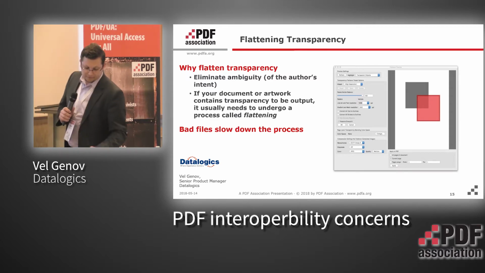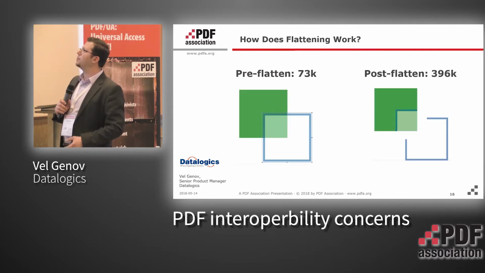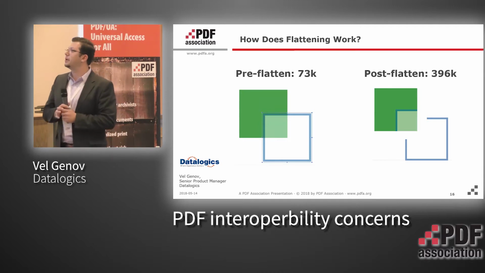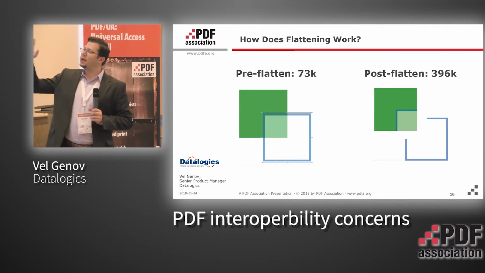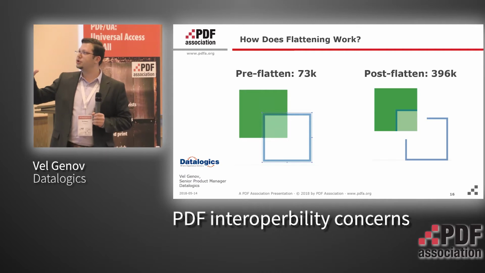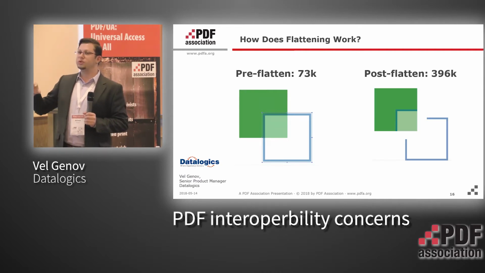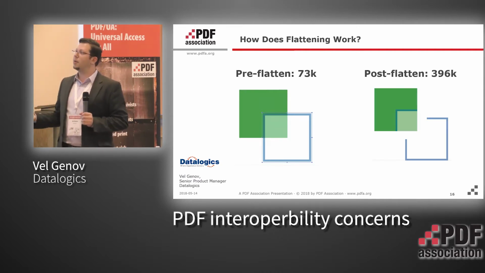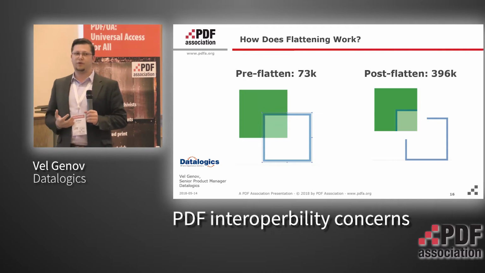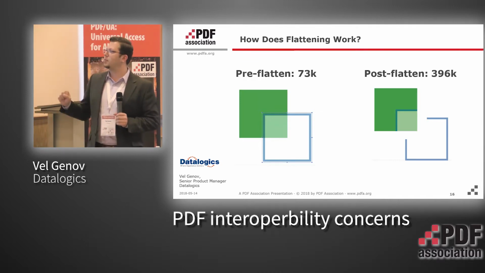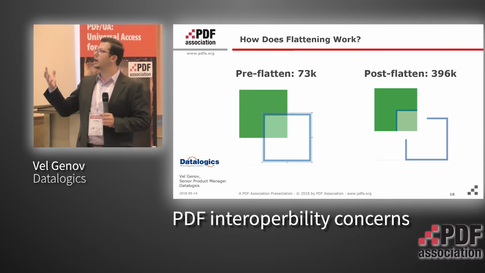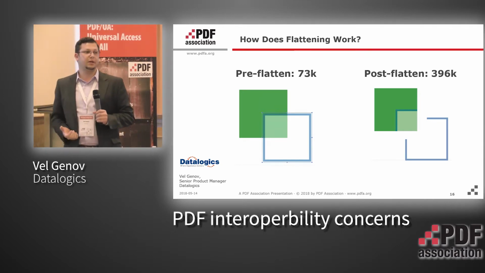It's actually pretty convenient. So what does flattening transparency mean? On the left side we have two images, which are actually two separate boxes. One box is overlaid over the other one, and I think this is one of the more basic types of transparency. And basically, the box on top is transparent, and you can see the box on the bottom through it.